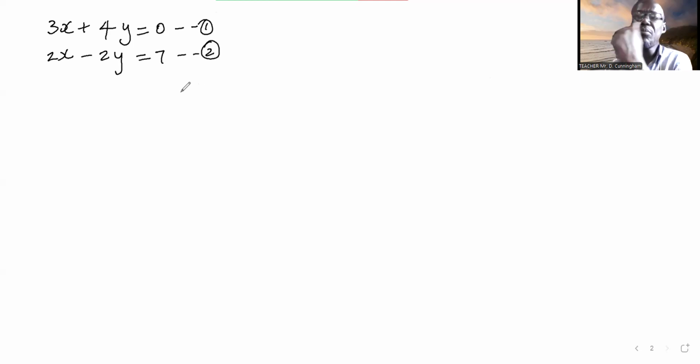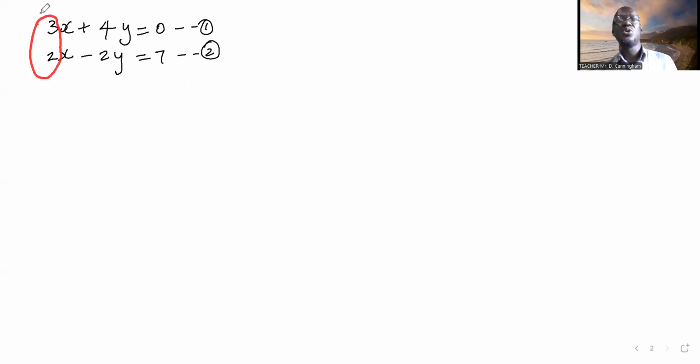Now, remember, we want to either get rid of the x's or the y's. Notice the coefficients. This is 3 and 2. Is it easier to get rid of these?